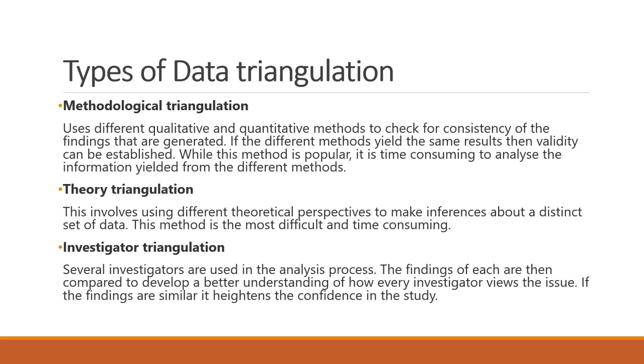And then investigator triangulation, you are students, you're not going to be doing this. This we usually do when we're doing collaborative research, where several investigators do the analysis and the collection of the data, and then together we work with the data and see if we all find the same things, right?